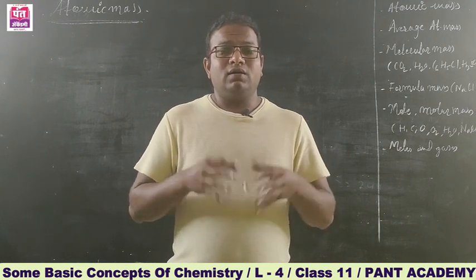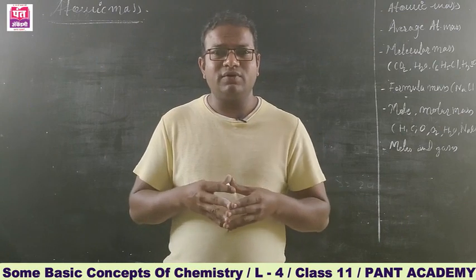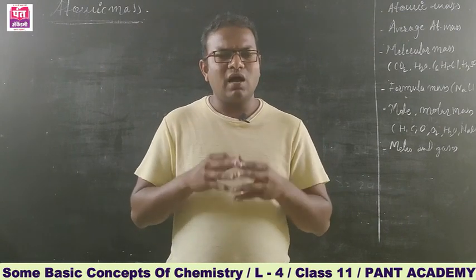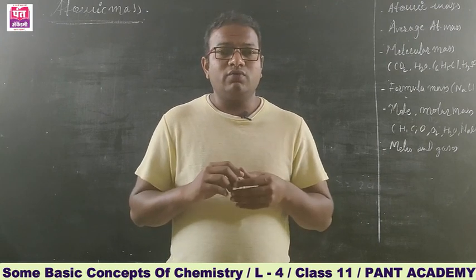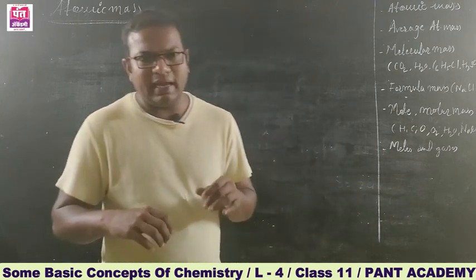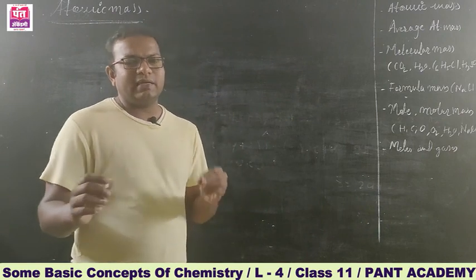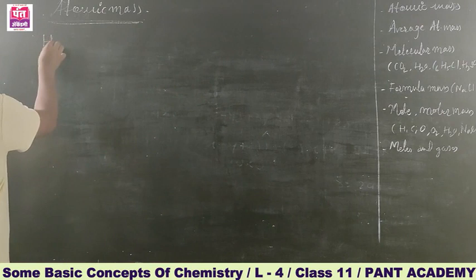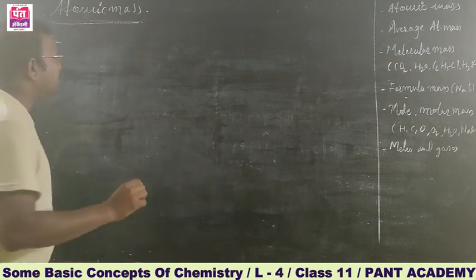Now, it is just a mass of atom, but we cannot define this atomic mass very simply. First of all, let us see an example. Atomic mass of a particular element, like hydrogen. Hydrogen element माहिती आहे. त्याचा atomic mass बघू.